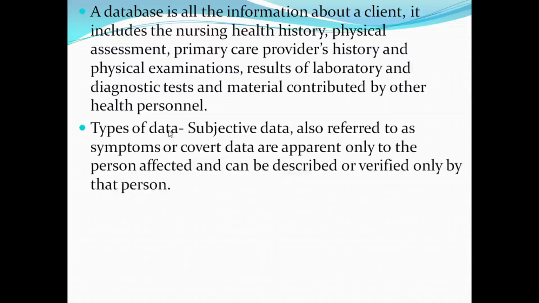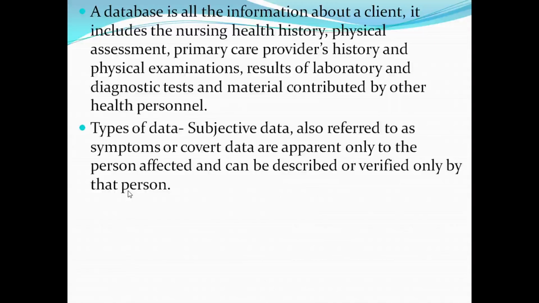Types of data. The two types of data, the first one is subjective data. It is also referred to as symptoms or covert data. They are apparent only to the person affected and can be described or verified by only that person.